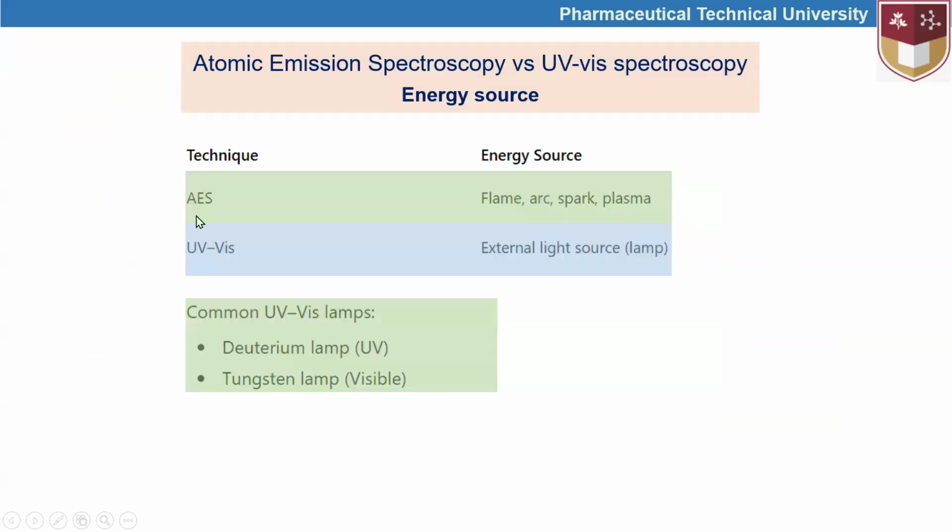And atomic emission spectroscopy uses flame, arc, spark, plasma. UV-Vis uses just an external light source like a lamp. If you remember, we talked about the lamps in the topic of UV spectroscopy and colorimetry. The lamps can be like a deuterium lamp or a tungsten lamp. Tungsten lamp develops visible light, which is from violet to red.